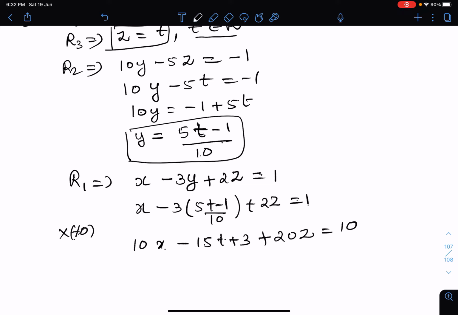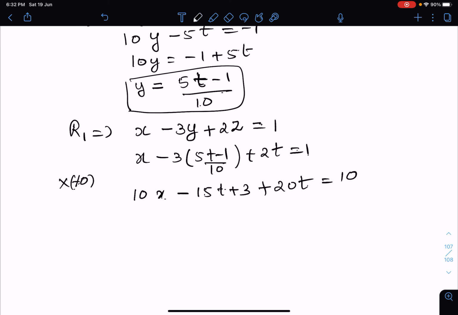Okay, so sorry, for this z also you have to put it as t, isn't it? So here also you will get the value of t. Okay, this is going to be t. Now after simplification, 10x, these two are of opposite sign, you get it as 5t plus 3, okay, equal to 10.